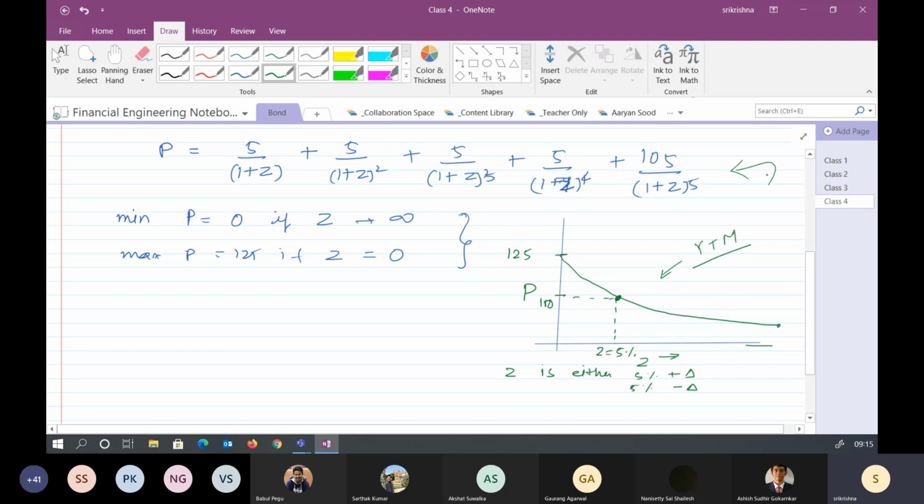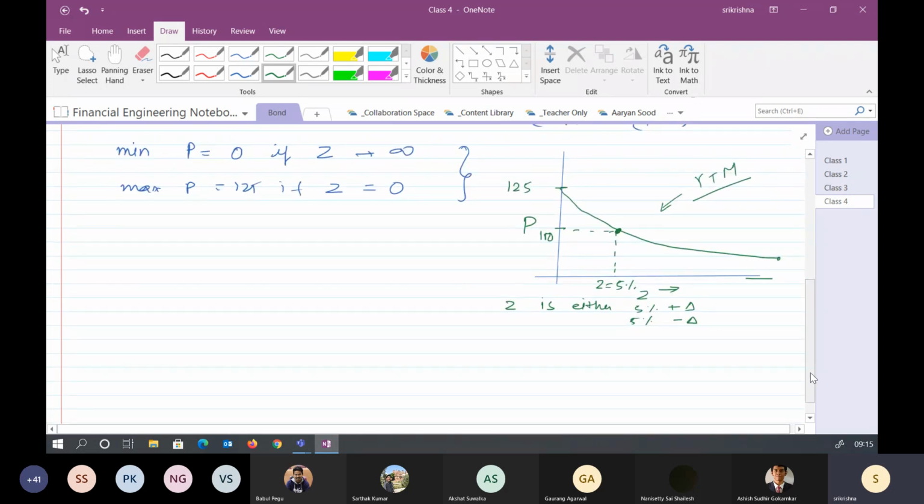So basically we are manipulating this graph. The first order derivative is called duration, and the second order derivative is called convexity.